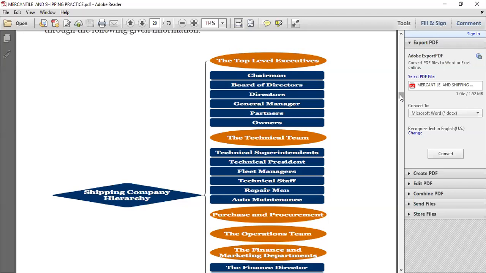Then we have the technical team. These are the people who ensure that the operation is being performed, or the ship is operating the way it is supposed to be. So we have the technical superintendent, technical president, fleet managers, technical staff, repairmen, auto maintenance. Then we have purchase and procurement.